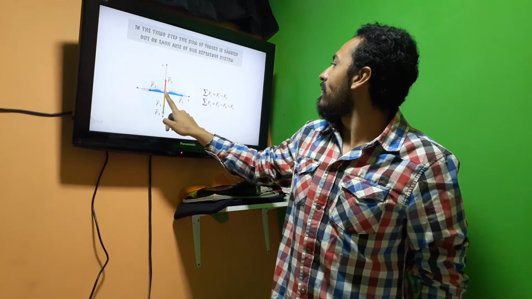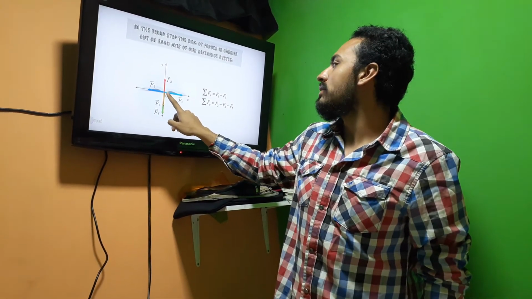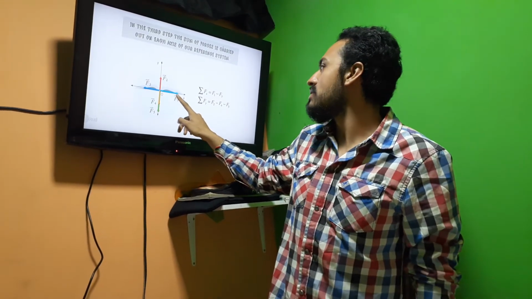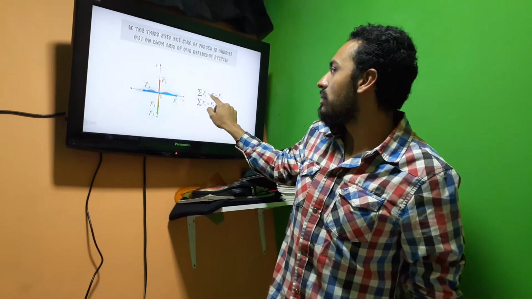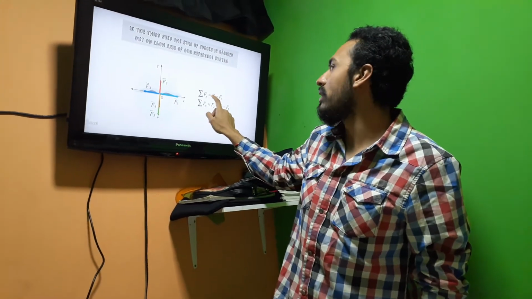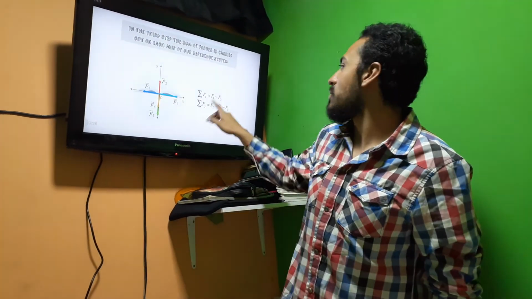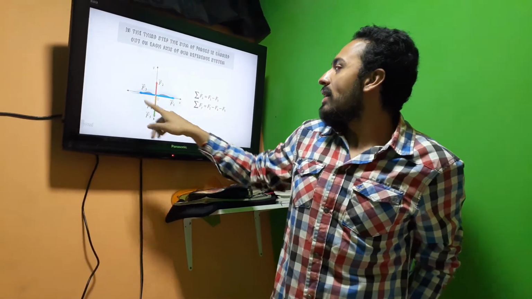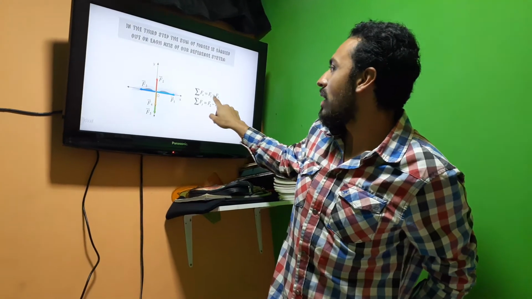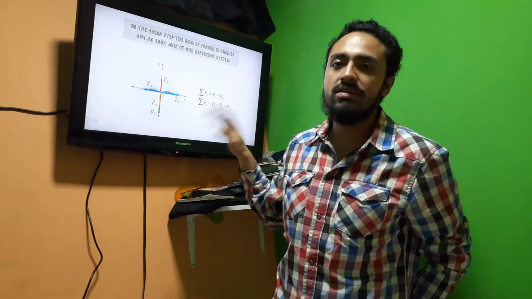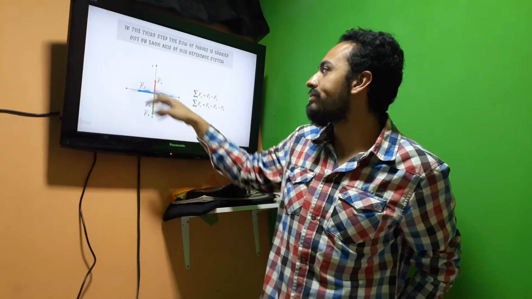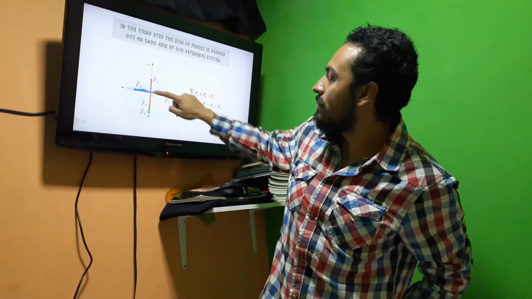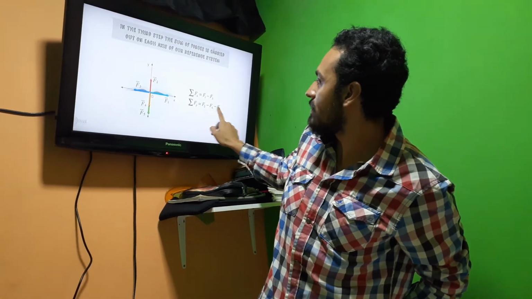Force 1 is in the positive direction, so force 1 is positive, and force 3 is negative. Same in the axis y, positive and negative.